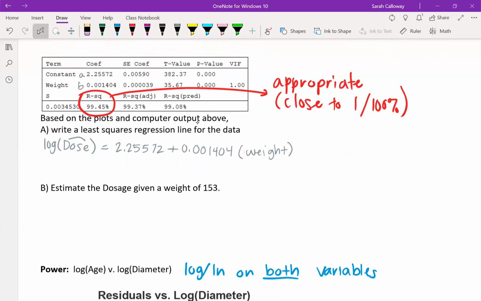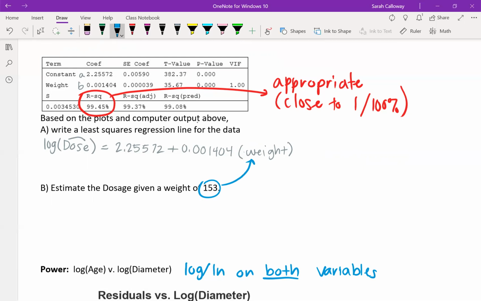Now I'm going to use that line to estimate the dosage given a weight of 153. Again, I didn't have units here, so I just left them off. Normally it would match whatever is given in the problem.